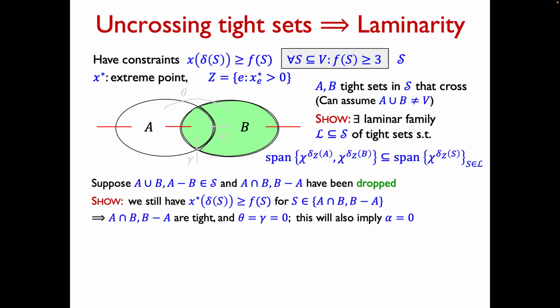And now if we stare at this picture, I can write the edges on the boundary of B. I can get that by taking the edges on the boundary of A minus B, which is in my collection, and then A union B, which is also in my collection, and then I'm double counting the edge on the boundary of A, so I can subtract that.